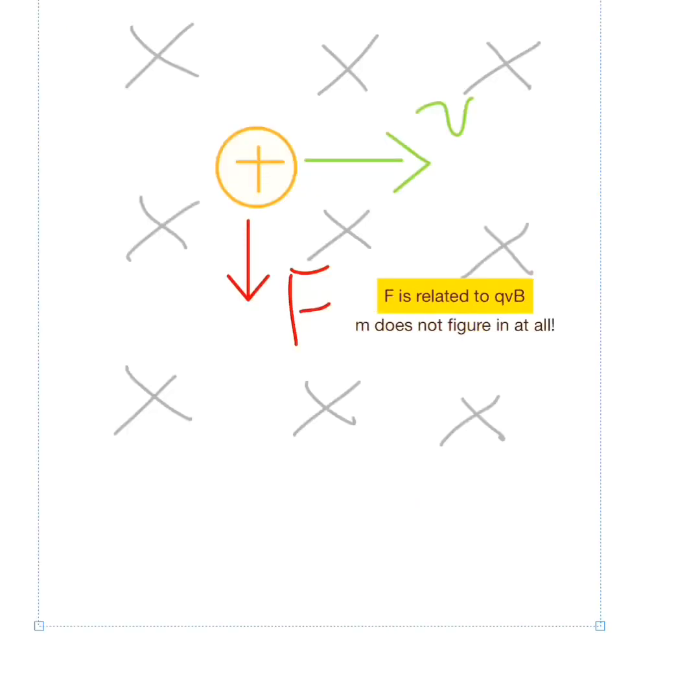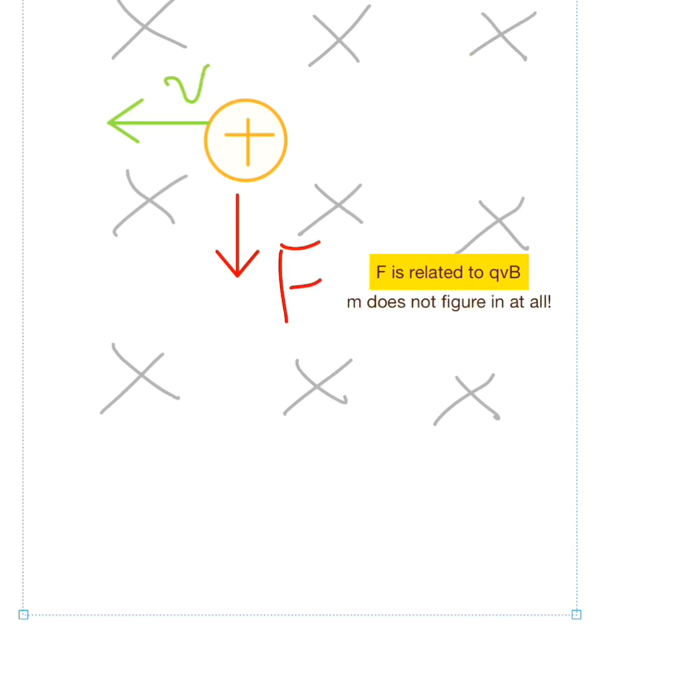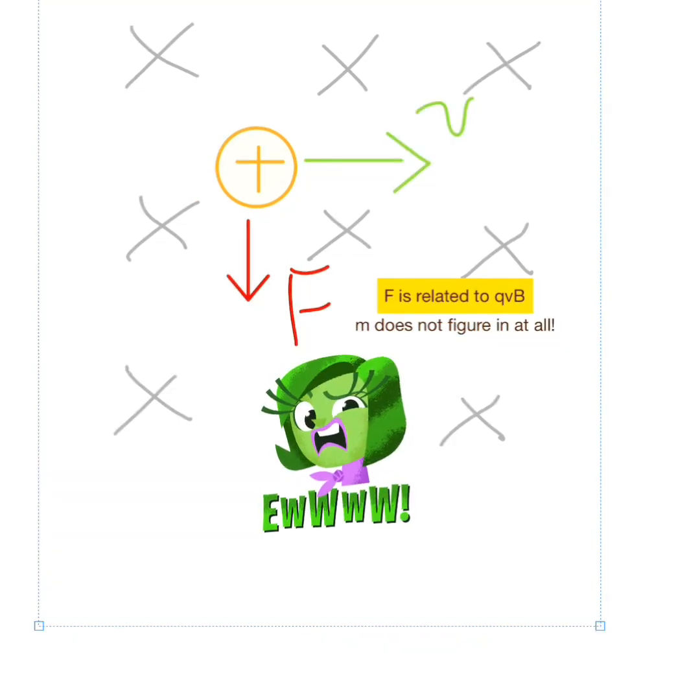Thinking back to our diagram, or one just like it, we see that the force is related to q, v, and B, and m does not figure into that force at all.